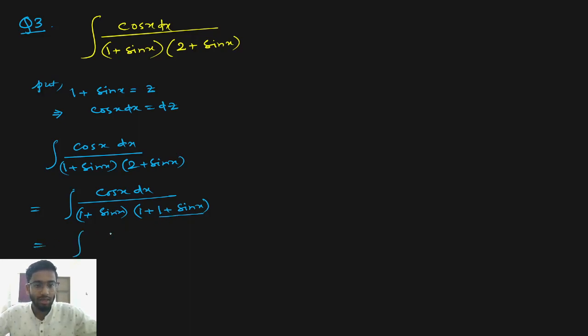Now cos x dx can be written as dz, and 1 plus sine x can be written as z, and that can be written as 1 plus, this 1 plus sine x is also z. So now we have to solve that particular integration, dz by z into 1 plus z.